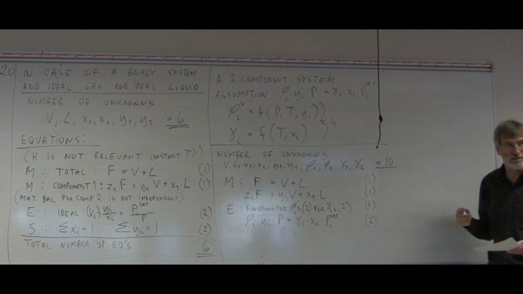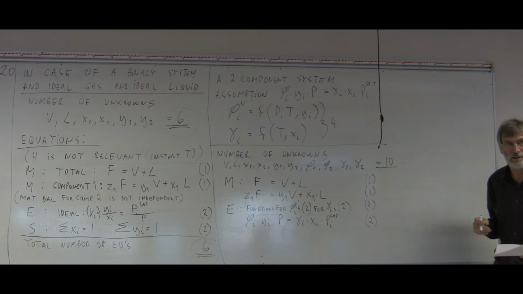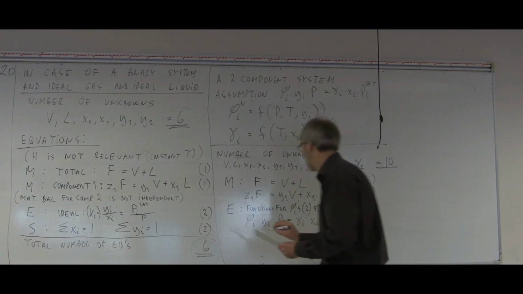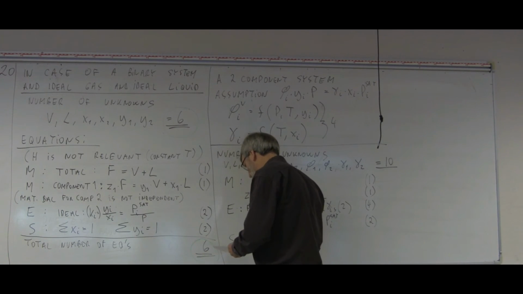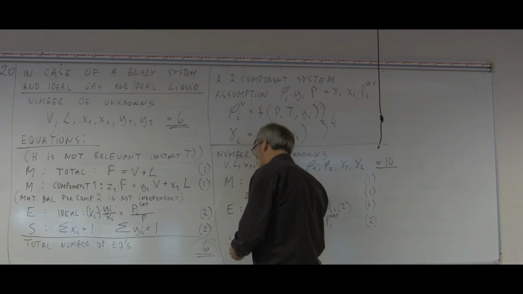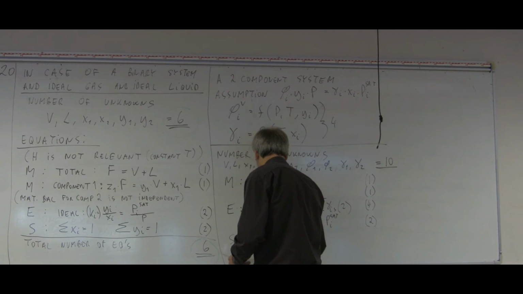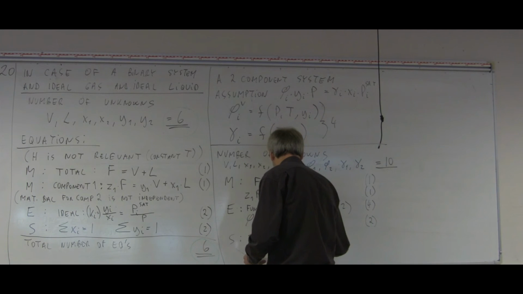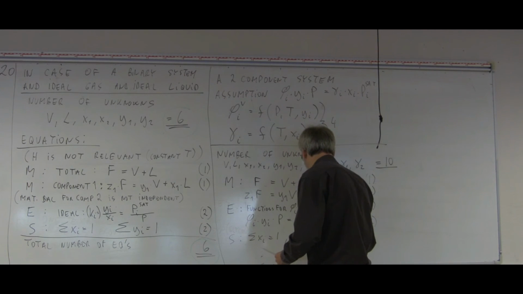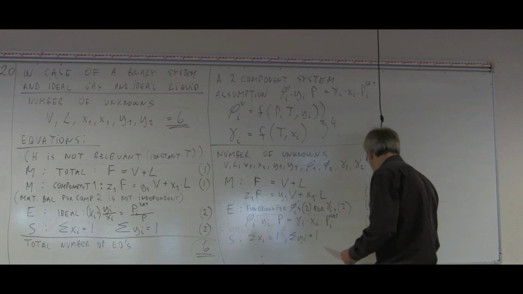So then we must have forgotten something, and that is very often the summation equations, which are still the sum of x's is 1 and the sum of y's is 1.